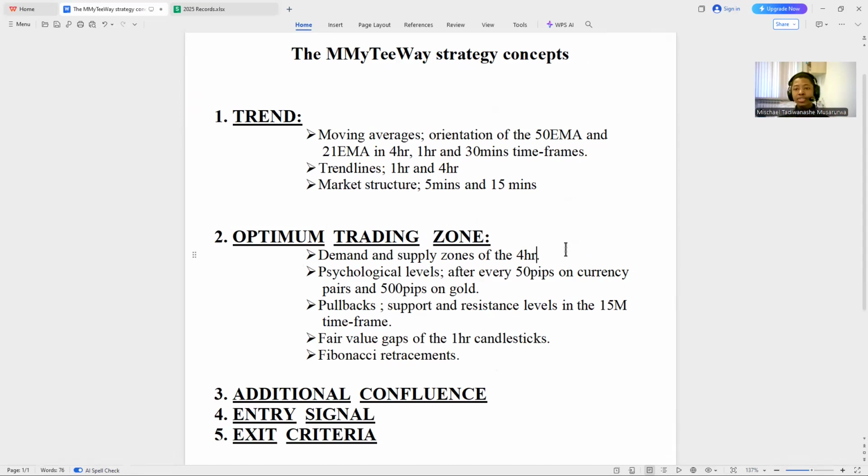Because if someone was just using only demand and supply, do you know other people, they only use demand and supply zones, they do not even look at the trend when they are taking their trade. So using only optimum trading zones, you can be profitable. But I'm telling you, what I do is, first of all, I trade with the trend, I go with the flow, then I use this. If you use these two, most probably you are going to be profitable.